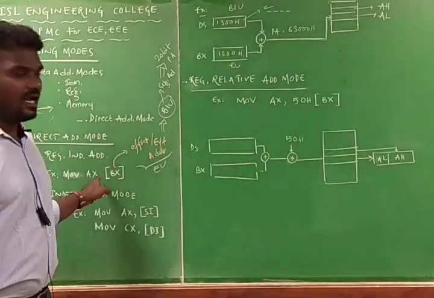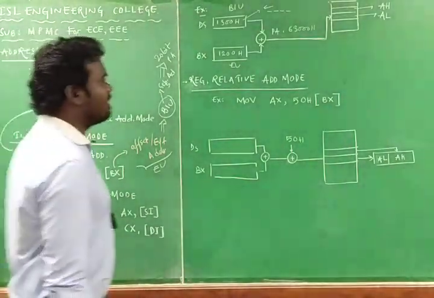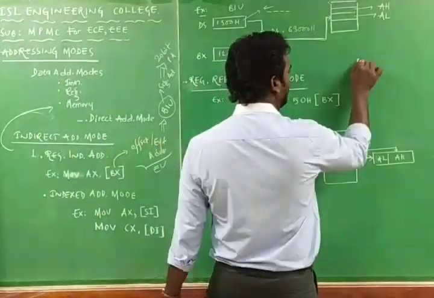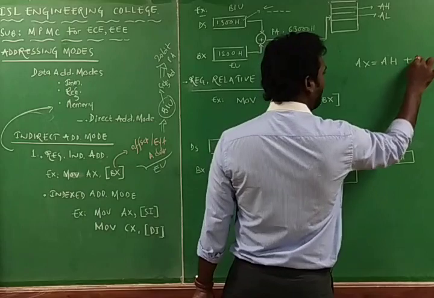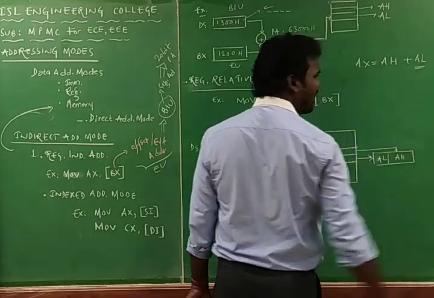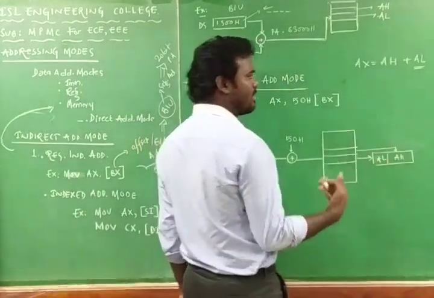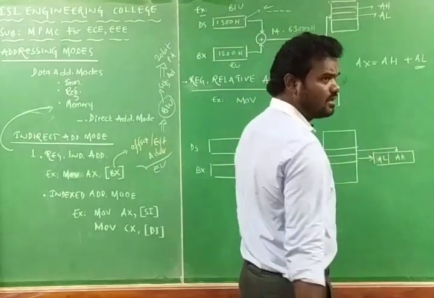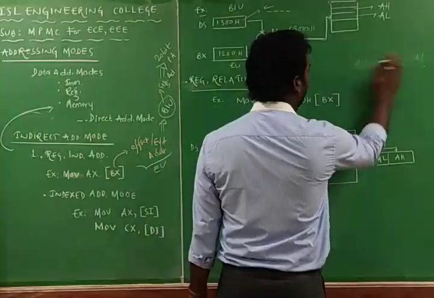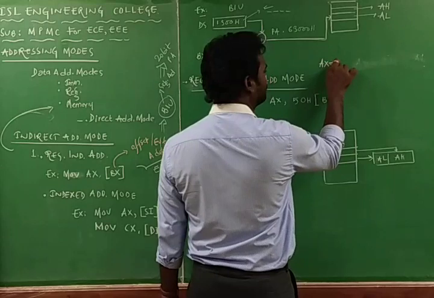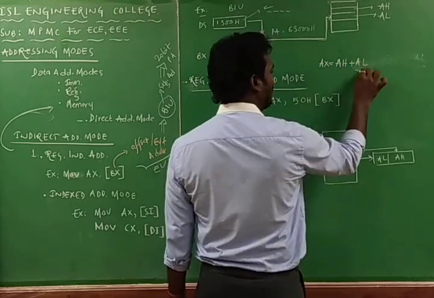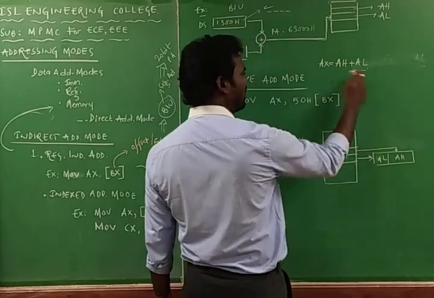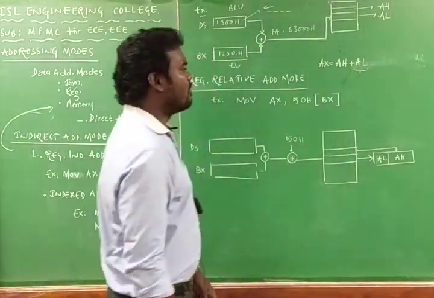AX is 16-bit, and we know it is divided into AH and AL. AL will accept the lower byte of data, whereas AH will accept the higher byte of data. AX equals AH plus AL, so the lower byte of data is moved into AL and the higher byte into AH.